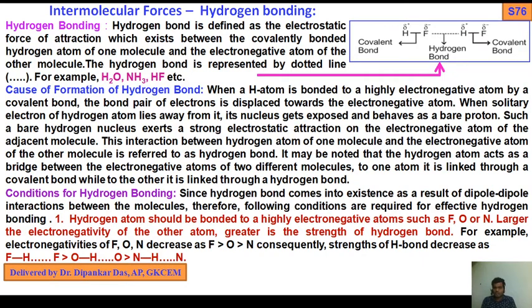Consequently, the strength of the hydrogen bond decreases in the order F-H...F, O-H...O, N-H...N. So the hydrogen bond between F-H will have more bond strength than the others. Okay, so this is the hydrogen bond strength.